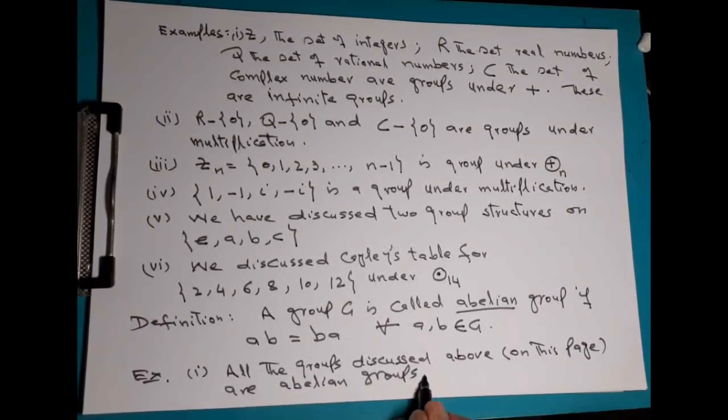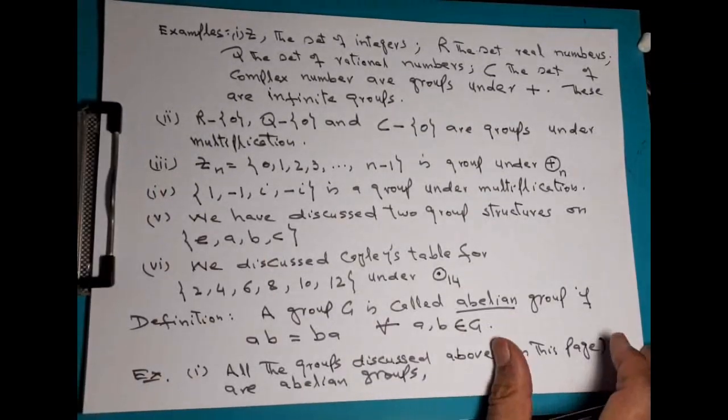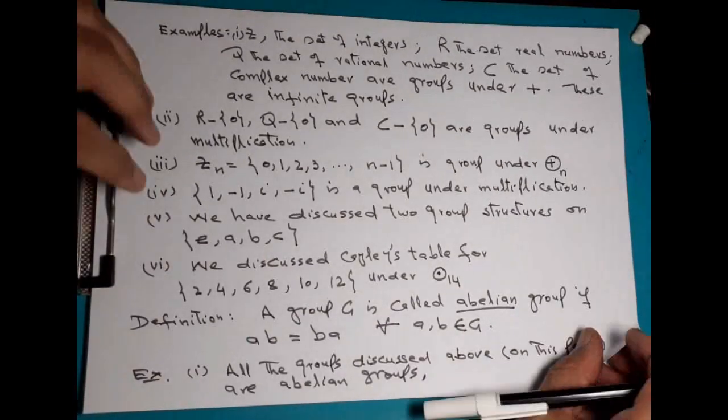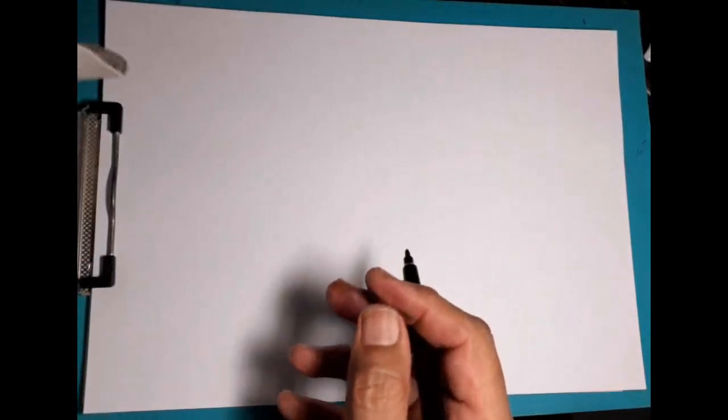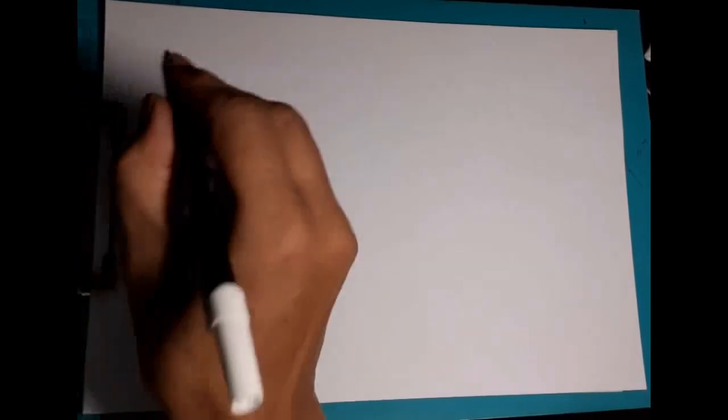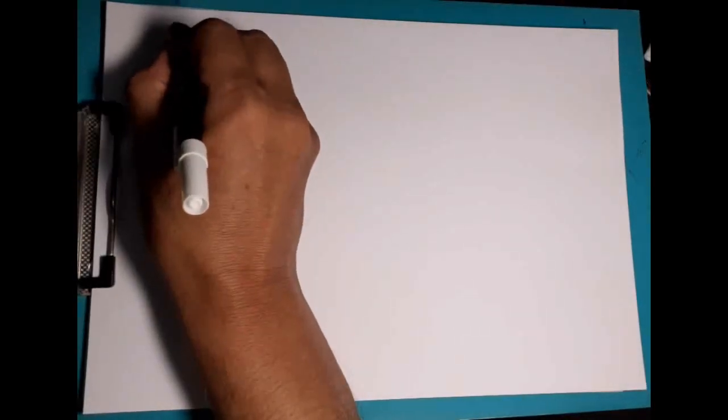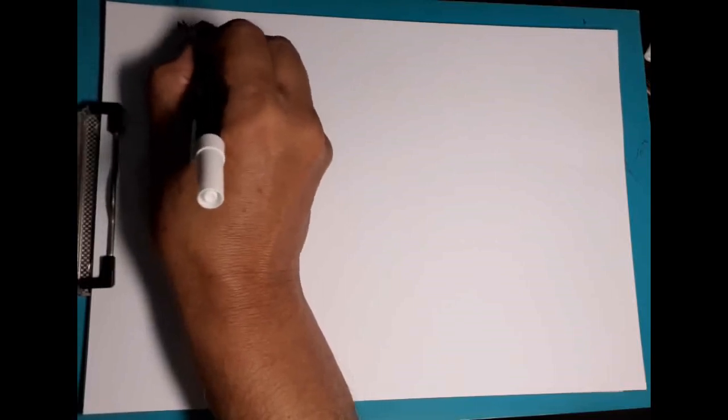So all the above groups on this page are abelian groups. But note that we have discussed groups which are not abelian. So let's discuss non-abelian groups.